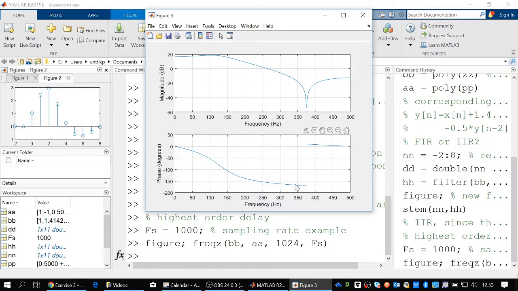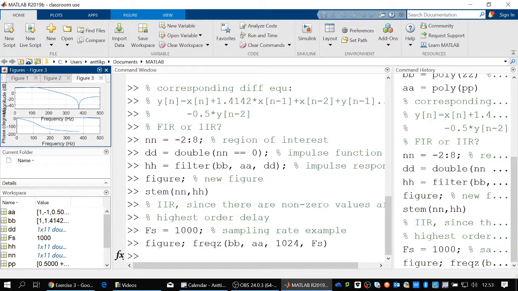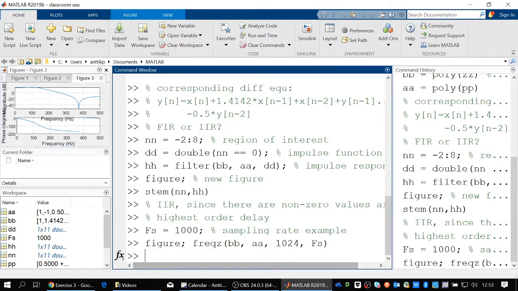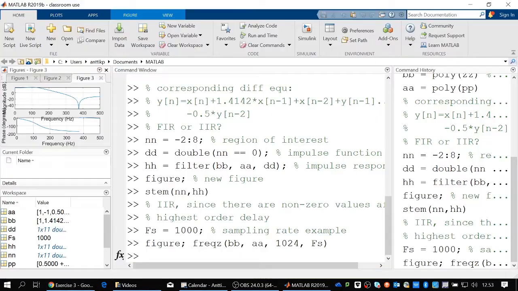So we are losing some on the phase response, but on the other hand, we gain a lot more on the amplitude response. Okay, that goes also into my figure safety box. Good. So frequency response I can plot.